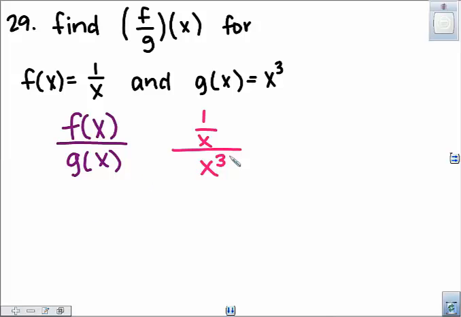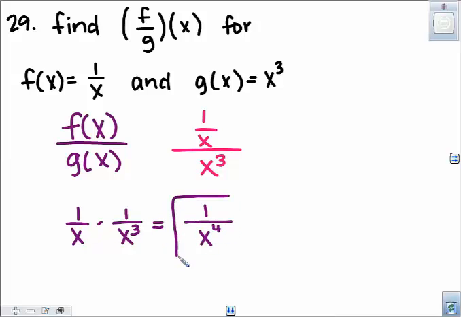So instead of dividing by x cubed, I'm going to multiply by 1 over x cubed. Multiply across, x to the 4th. Okay, because we don't like the fractions in the fractions.